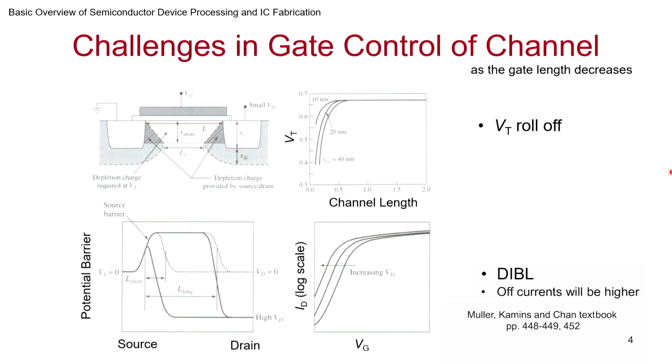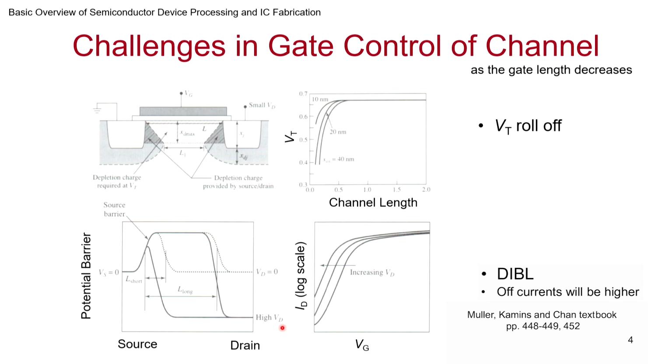Another classic example of this short channel effect, as the device becomes small, can be seen very nicely with this potential barrier example. If you look at a long channel, this dotted line is how the barrier is, for the electron to go from source to the drain, if you have an NFET. Now, when you apply zero drain bias, this is how the barrier looks.